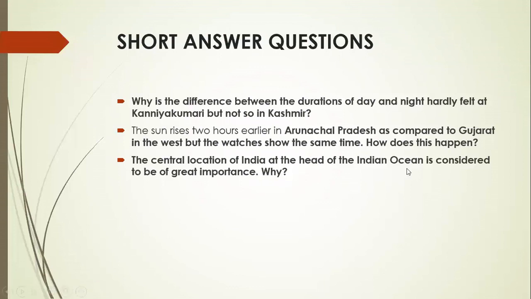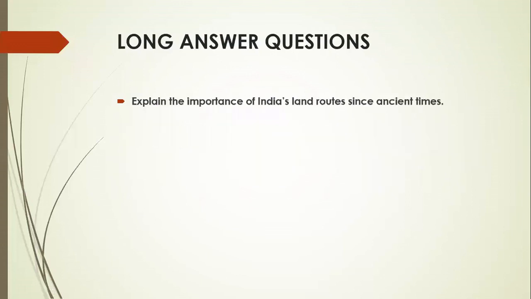How does this happen? The central location of India at the head of the Indian Ocean is considered to be of great importance. Why? The one single long answer question: explain the importance of India's land routes since ancient times.